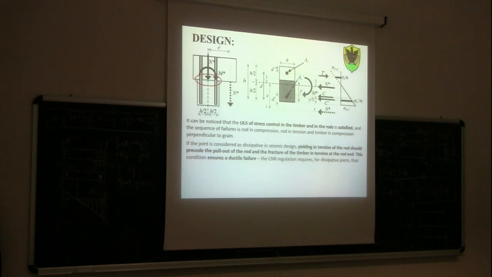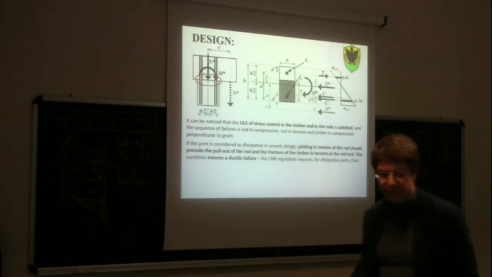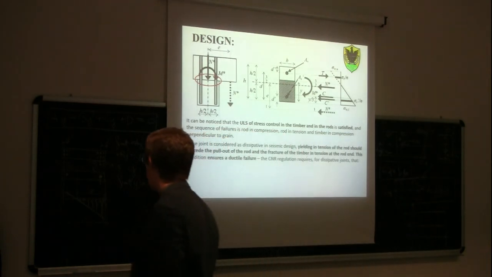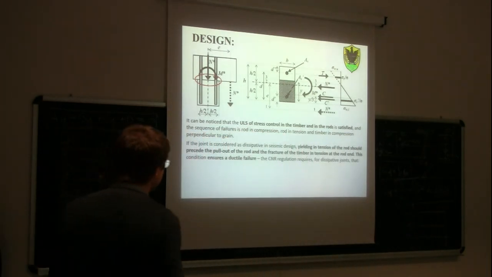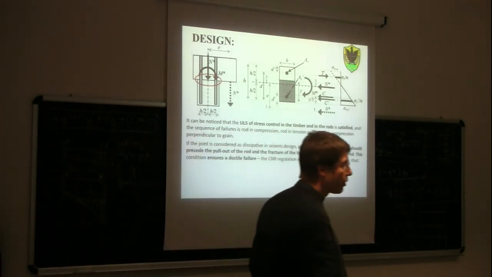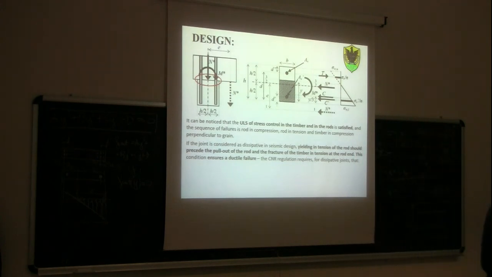Okay. Now, another important point: if this connection was considered as dissipative in a seismic region, we would have to ensure that, if you remember, a joint to be dissipative in a seismic region must be characterized by yielding of steel. So, would a joint like this be okay as a dissipative joint in the seismic region?